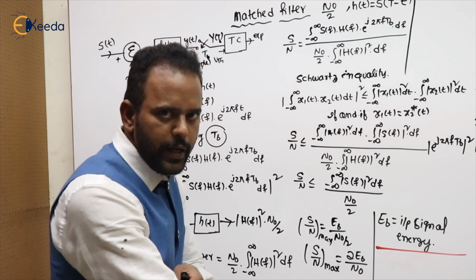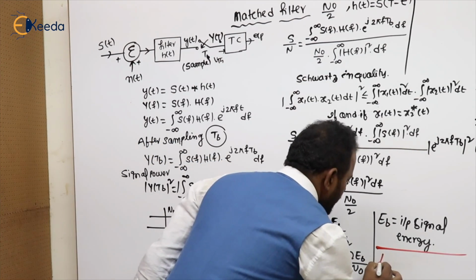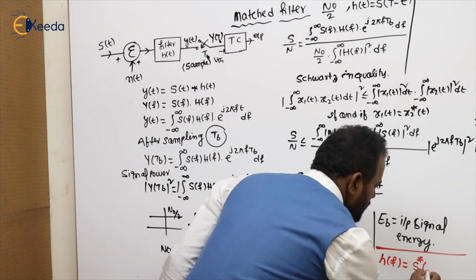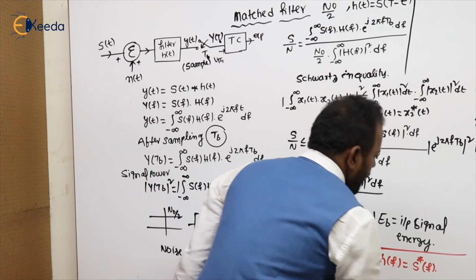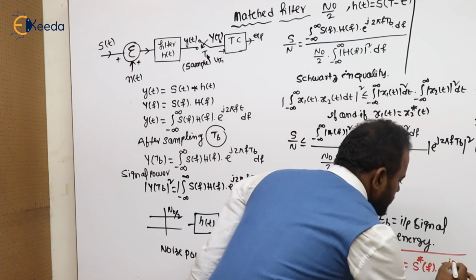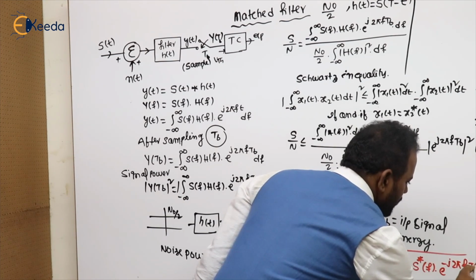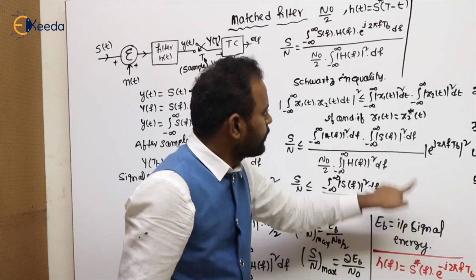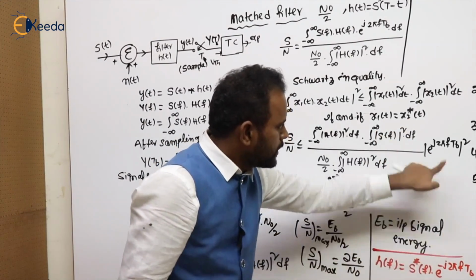Correct. Now what will be H(f)? H(f) is equal to S conjugate of f into e power minus j 2 pi f Tb, the conjugate. So this term I brought.